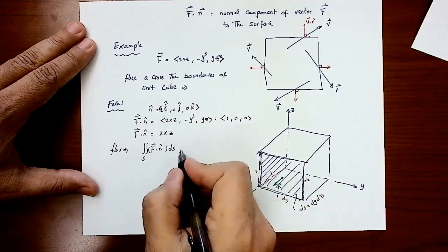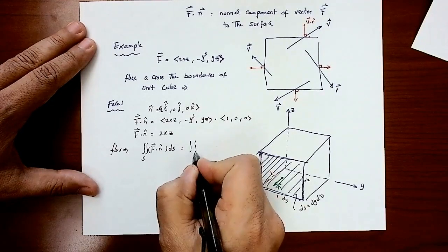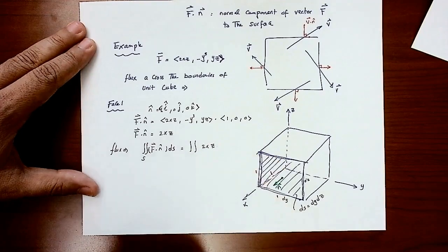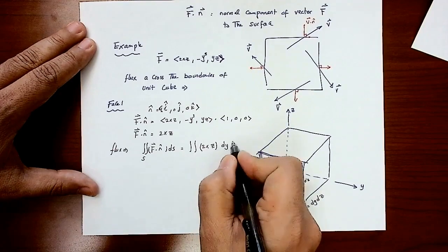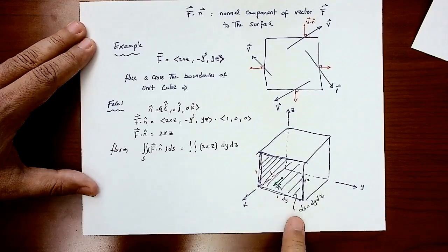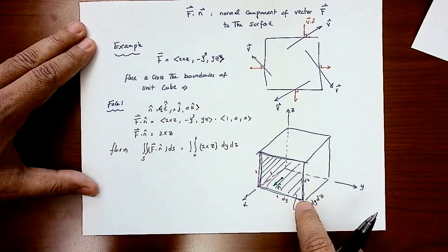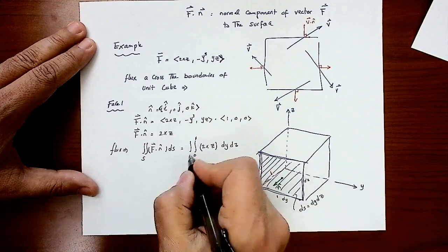So the integration will be the integral of f dot n, which is 2xz, integrated twice, dy dz, where y changes from 0 to 1, and z changes from 0 to 1.